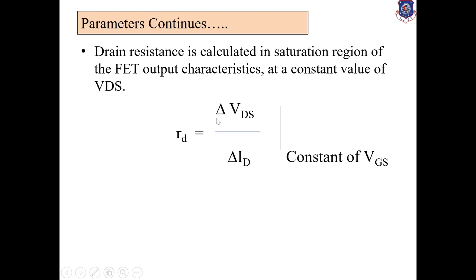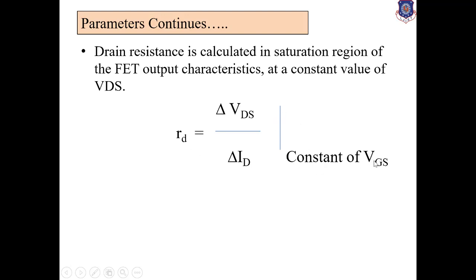But we will note down the changes between two voltages and between two currents. So we will write specifically delta, the change in VDS and the change in drain current. This ratio of V by I is known as drain resistance.